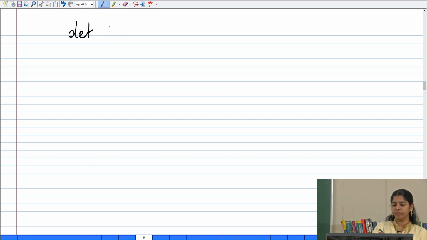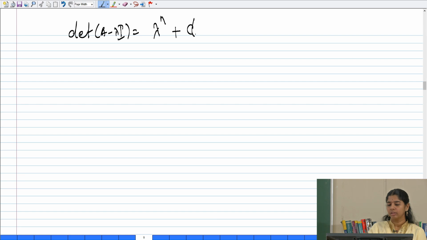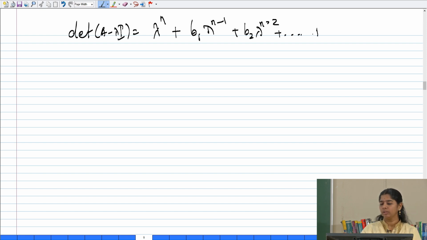The determinant of A minus lambda I, if I look at it in this fashion, I will just rewrite this formula: lambda power n plus b1 lambda power n minus 1 plus b2 lambda power n minus 2 and so on, up to bn.